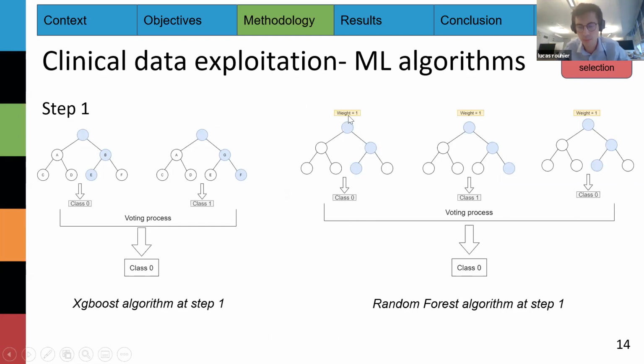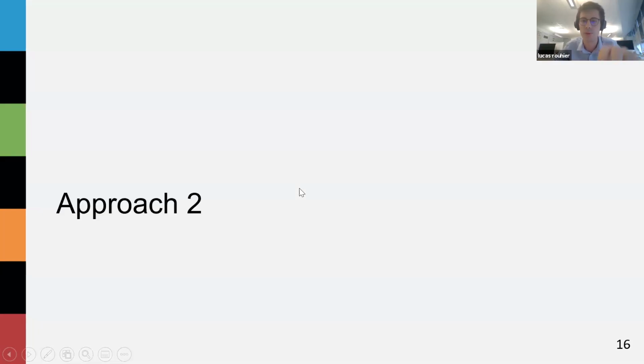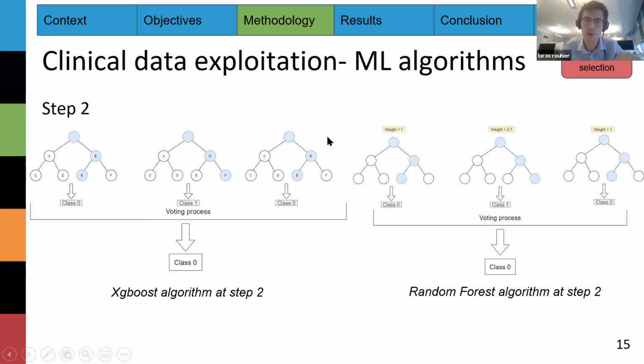So for example, we have three trees, and we will modify the weights of the vote of each tree. Whereas for XGBoost, we will actually build the trees sequentially to try and reduce the error. So we'll add new trees to reduce the error of the voting process. And for random forest, we diminish the weights of the votes of the trees that are wrong.